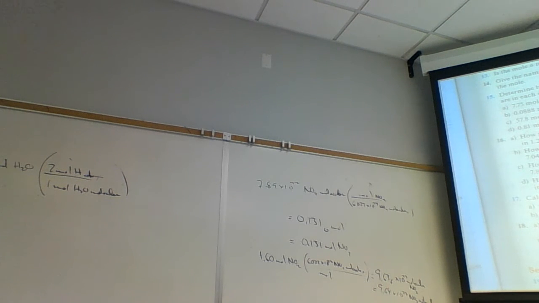And so this is what we call a formula relationship. Formulas are atom or mole ratios. This mole ratio and atom ratio are the exact same thing, because a mole is just like a dozen. It's a number.